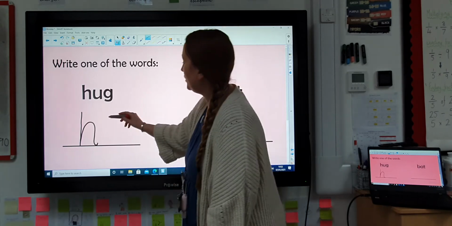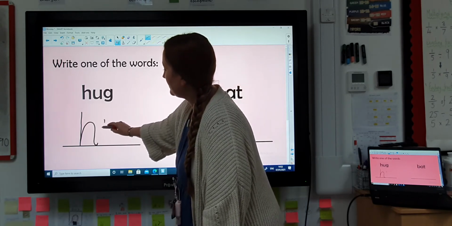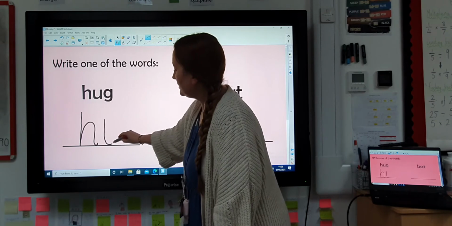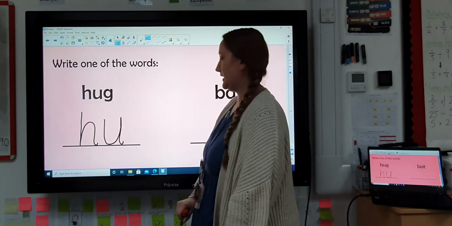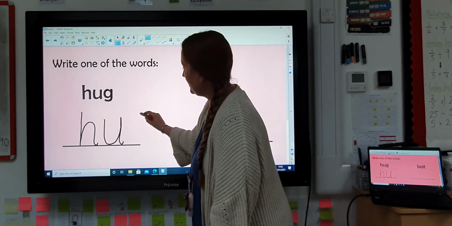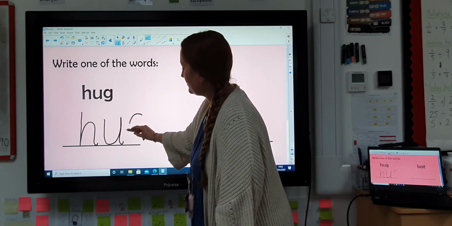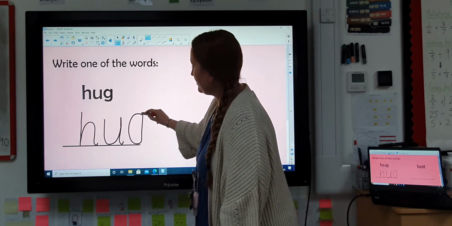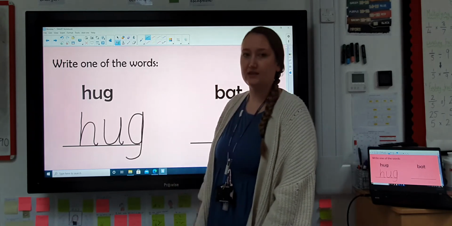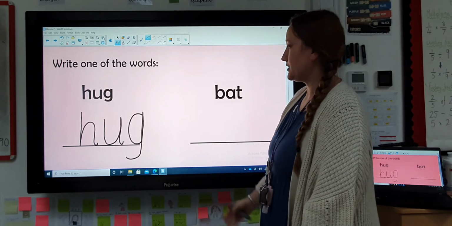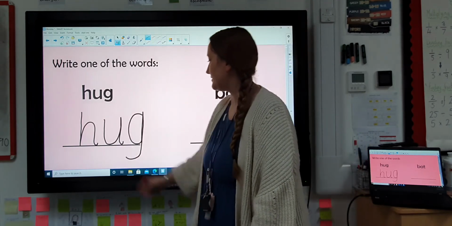Okay, and for u we start here, go down, under, up, down and flick. Okay, and for the g, start at the top, go all the way around, up, down, right under that line, and do the tail. Okay, and so remember the tail goes this way.